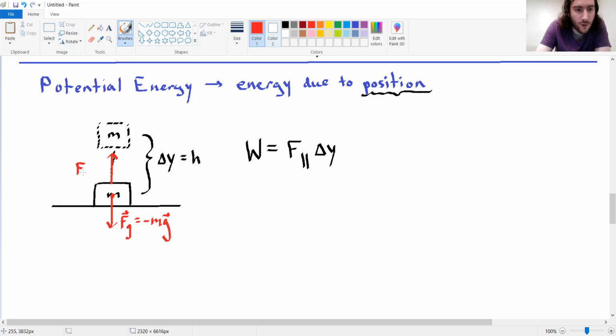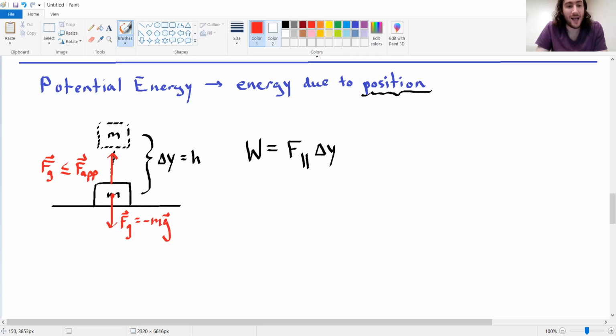So our applied force, we'll call it F applied, has to be at least as big as the force of gravity. In other words, it has to be bigger than or equal to.